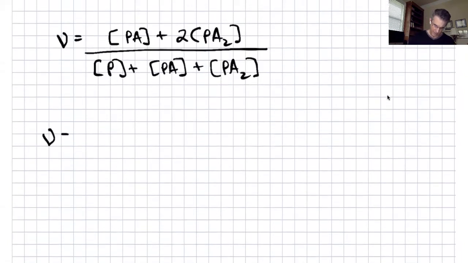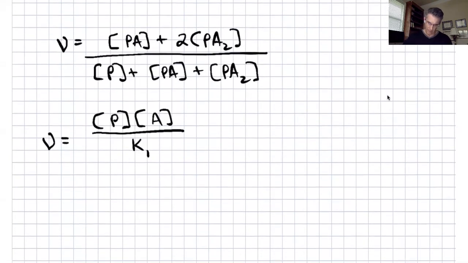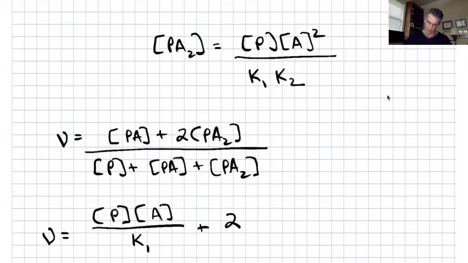So our degree of binding now is going to be equal to the concentration of P times the concentration of A divided by K1, all right, cool. And we can go 2 times our concentration of PA2, there it is right there.